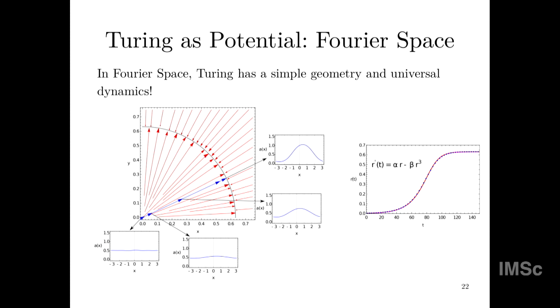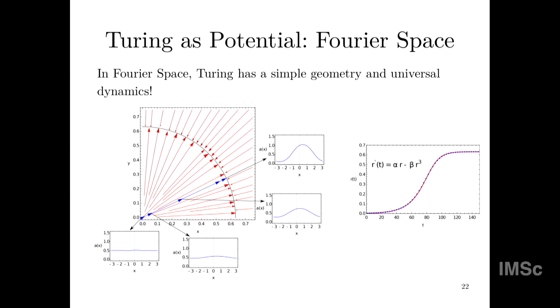Interestingly, the equations for how you go from the unstable to the stable fixed point are universal. To lowest order, they're always going to have a term with some nonlinear flow away from the unstable fixed point, and you will have some cubic saturation term.